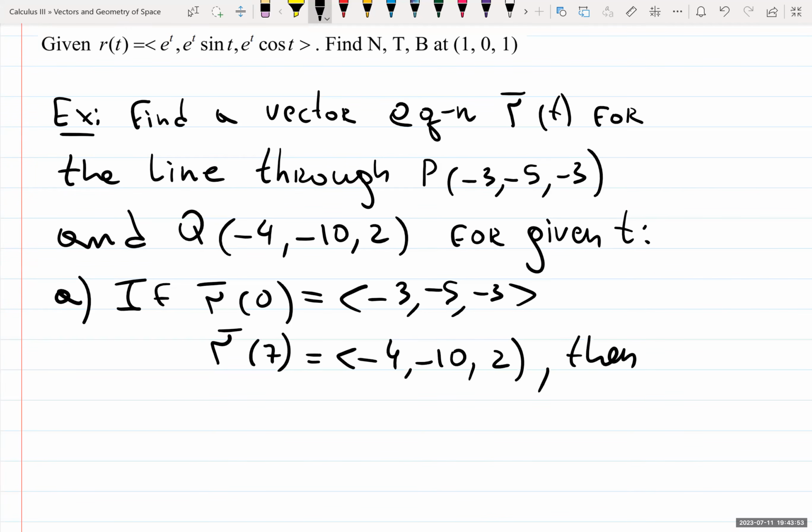Then let's find R of t. Well, that's where it was at the very beginning. Solution.